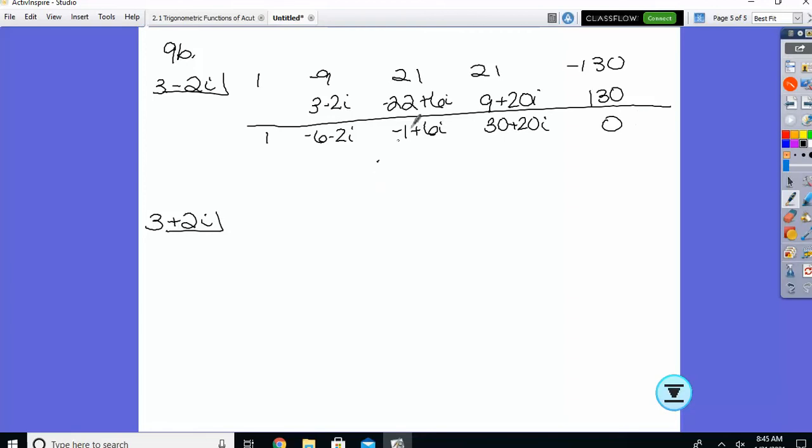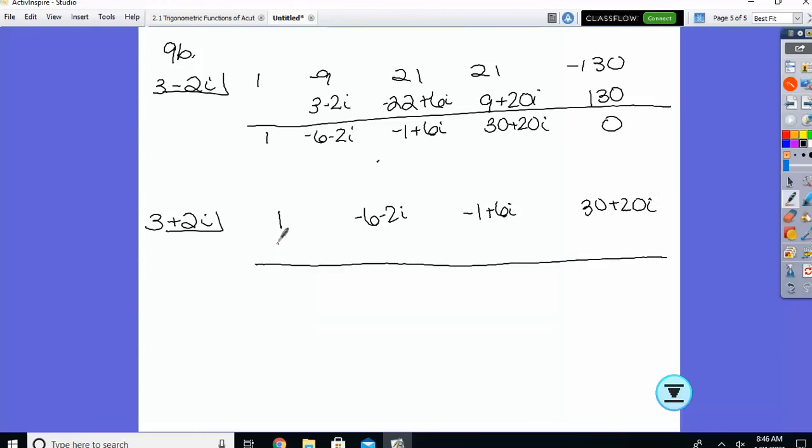The second synthetic is always going to be pretty because all these i's are going to disappear. So I use these coefficients. So 1 comes down. 1 times 3 plus 2i is 3 plus 2i. When I add those, the 2i's drop and we get negative 3.